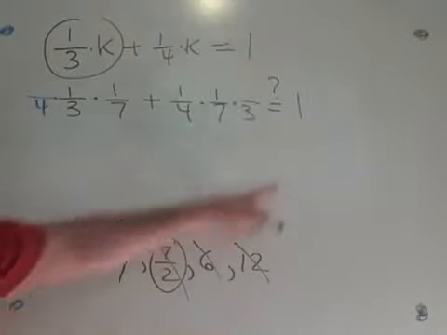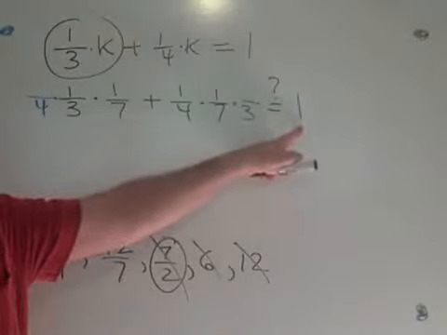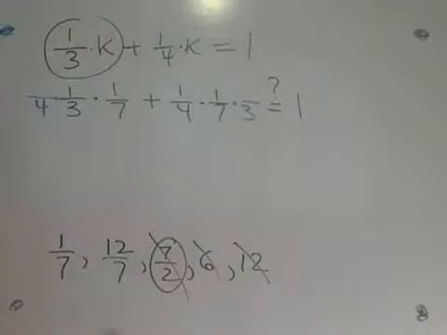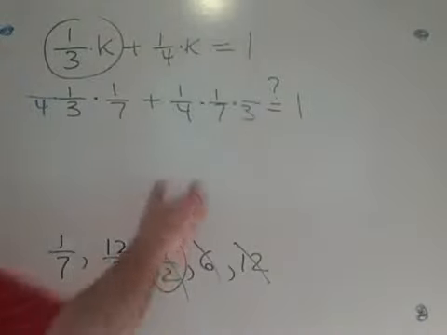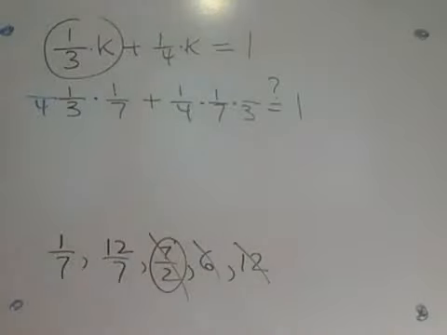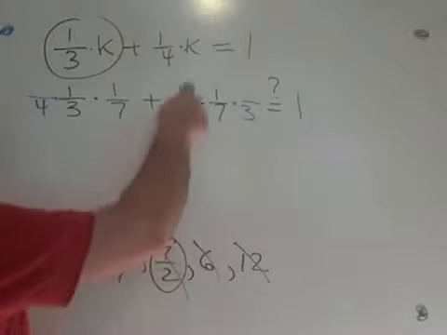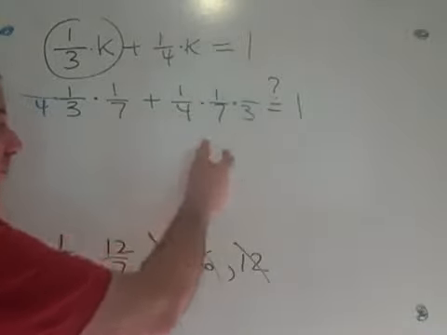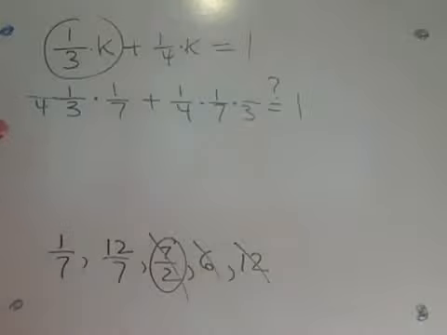Now, since I'm not multiplying the right side by anything, that is, the right side is staying 1, I can't multiply these numbers by anything other than 1. I wouldn't want to change their value.